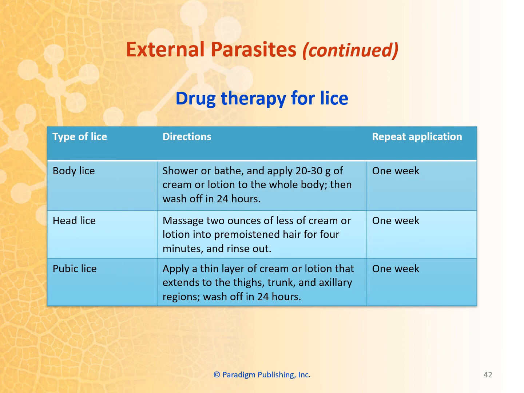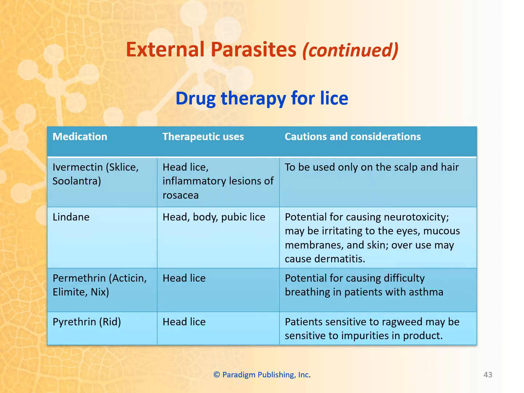Body lice, you should shower or bathe and apply 20 to 30 grams of cream or lotion to the whole body and then wash off in 24 hours. Head lice and pubic lice can be treated with lice shampoo. So these medications are listed on page 641 of your textbook.